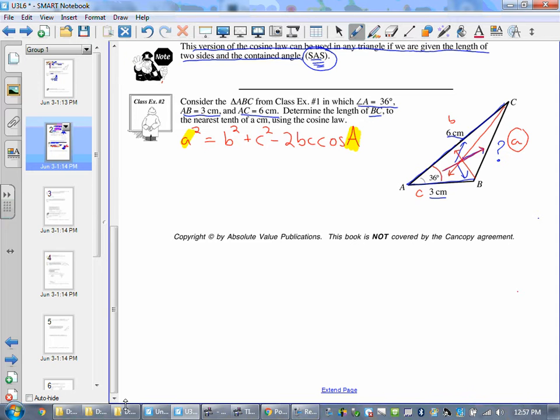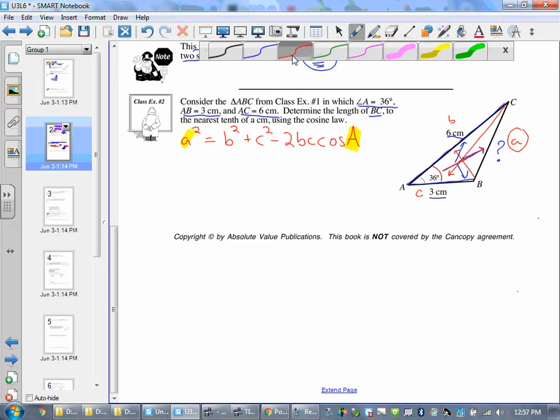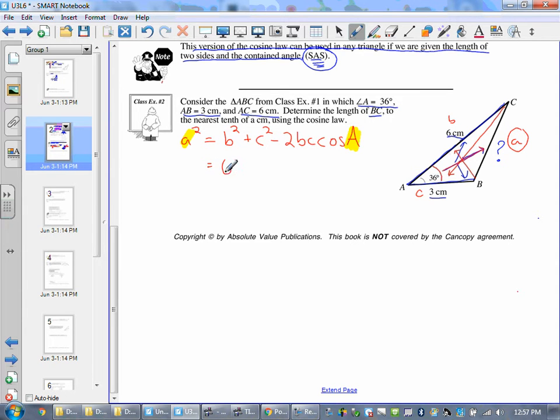Okay, so now we can put our values in. Are we ready? So we know B is 6, so we're doing 6 squared. C is 3, so plus 3 squared minus 2 times 6 times 3 times the cos of 36 degrees.